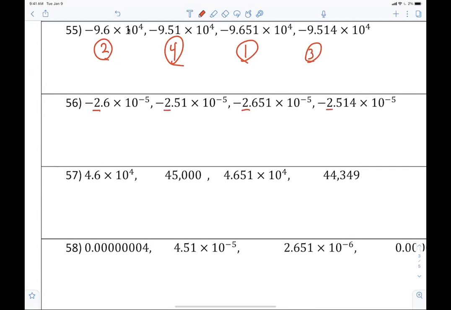So those we don't care about. Now we're looking here. 0.6, 0.5, 0.6, 0.5. Which one is bigger, 0.6 or 0.5? Right. Now, are we doing negative 2.6 or negative 2.651?